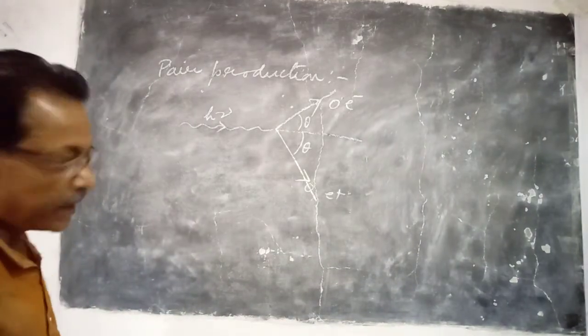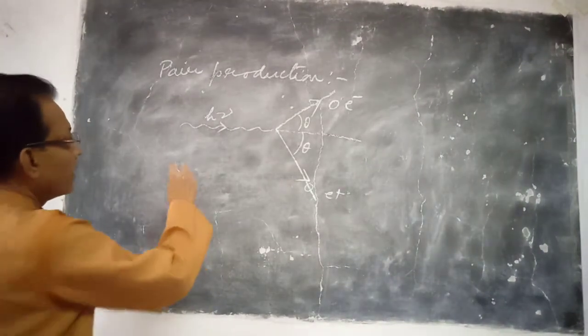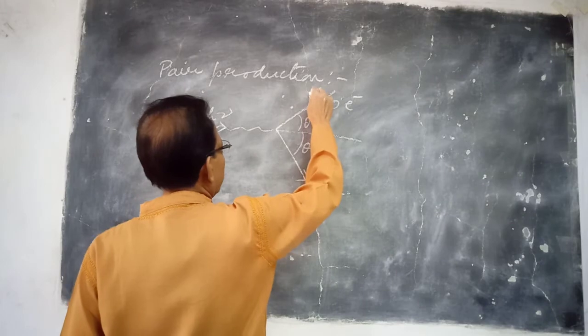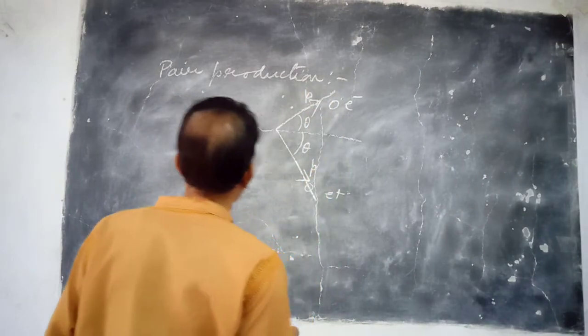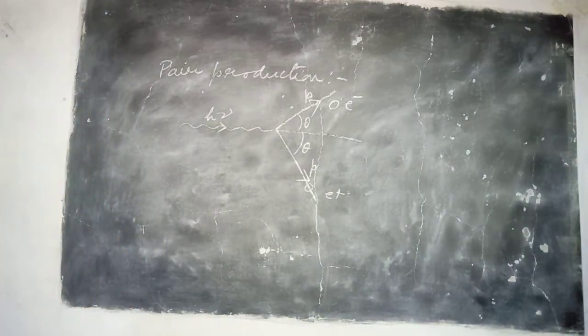Now, suppose the electron has velocity v, so it has momentum p, and the positron has the same momentum p.